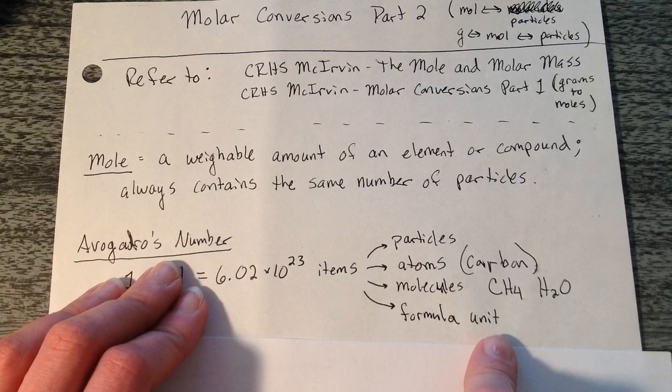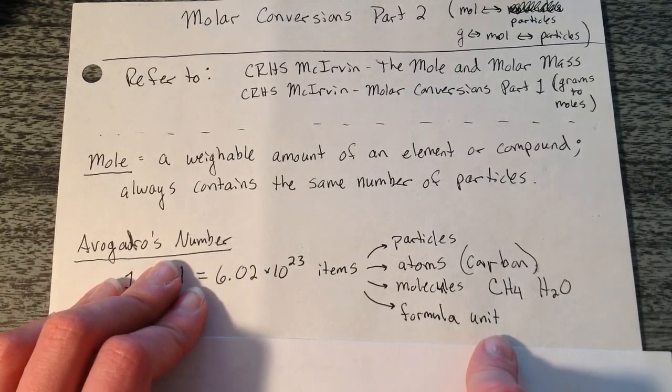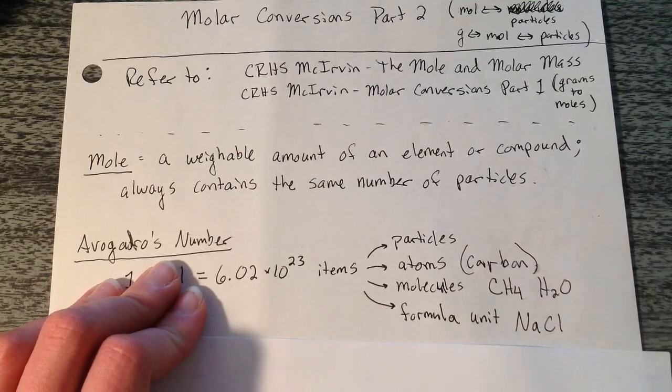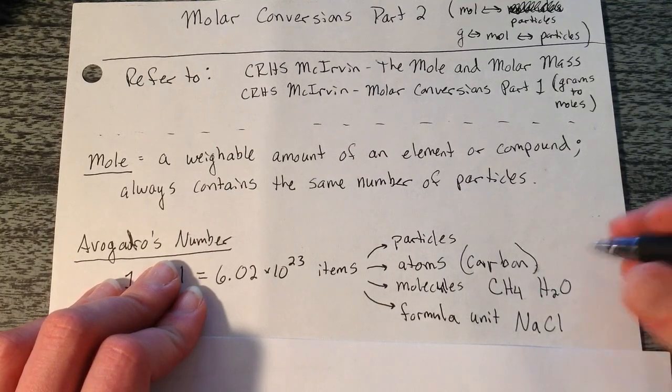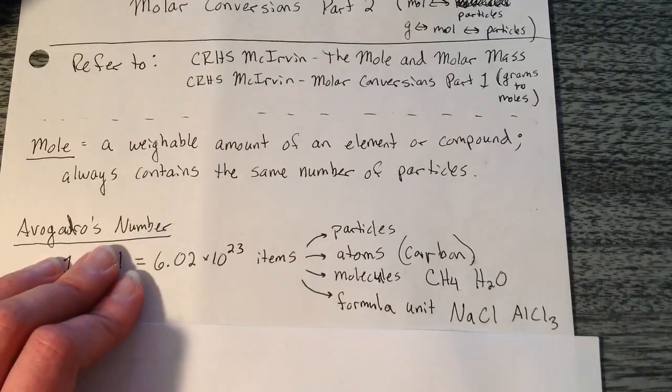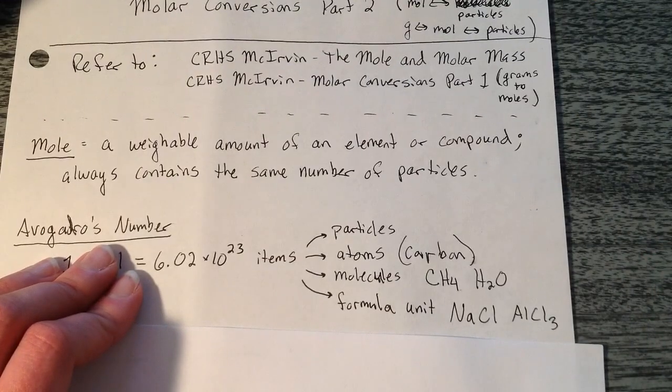A formula unit refers to ionic substances, so those are your non-metals that are bonded to metals. For example, NaCl, your salt, sodium chloride, aluminum chloride, any of those salt substances.